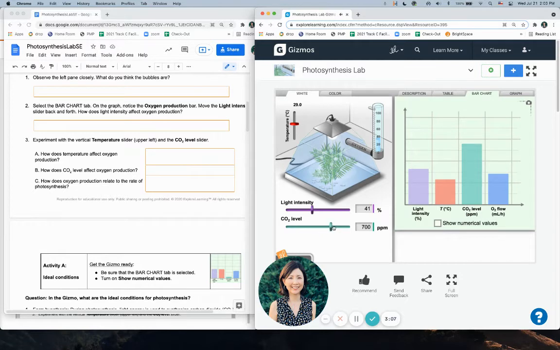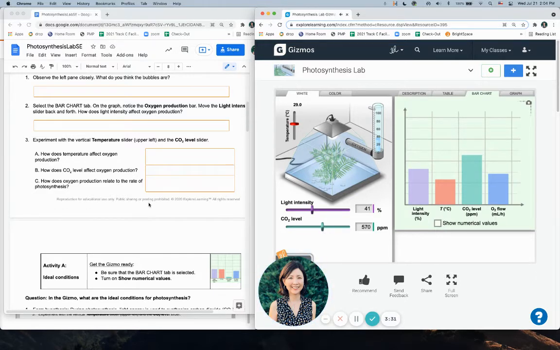Let's see, more CO2, less CO2. Right here, as you decrease the CO2, it looks like it decreases the oxygen flow. But after a certain point, it doesn't really seem to affect the oxygen flow. But if you have too little CO2, then you're not going to have as much oxygen.